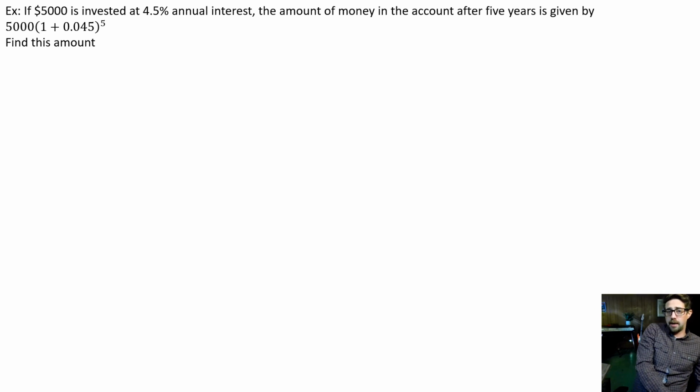The amount you're going to have at the end is given by 5,000 times parentheses 1 plus 0.045 to the fifth. Well, I'm not going to totally explain that formula now, but it's true, it's real. I think you know where the 0.045 comes from. That's what 4.5% is as a decimal. And all I want you to do is find this amount.